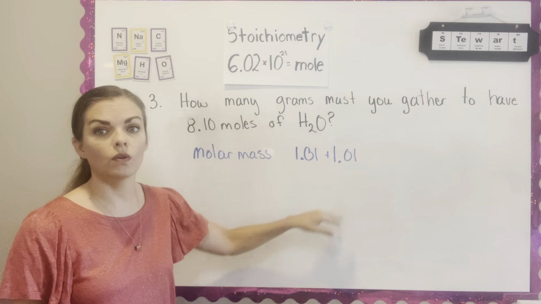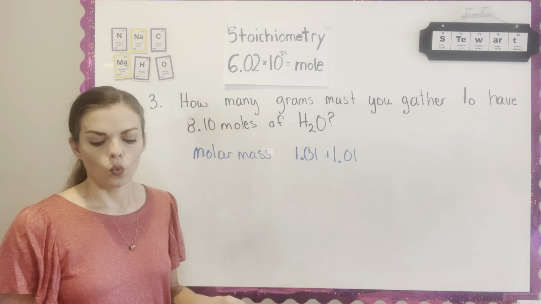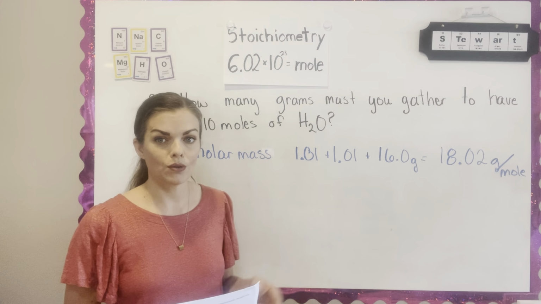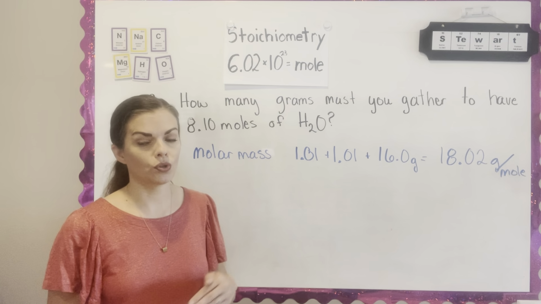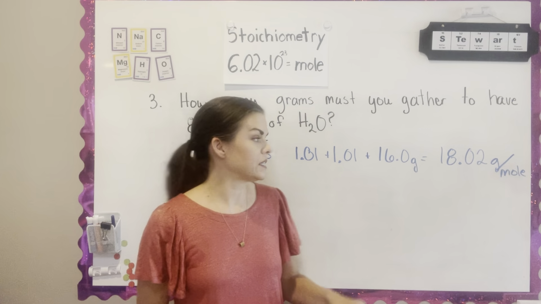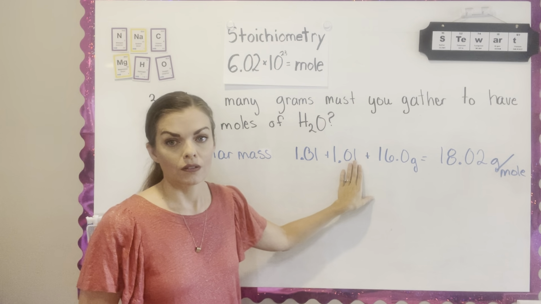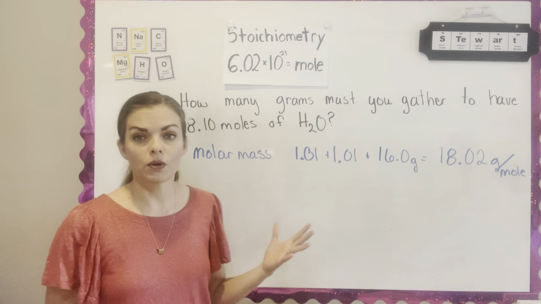So I have 2 of those. And then I also have 1 oxygen, which is 16 grams. When I add this all up, I get 18.02, and the unit on this is grams per mole. So this is how many grams 1 mole of water makes. And I got this by adding up the molar mass of hydrogen, the mass of another hydrogen, plus that of oxygen, straight from your periodic table.